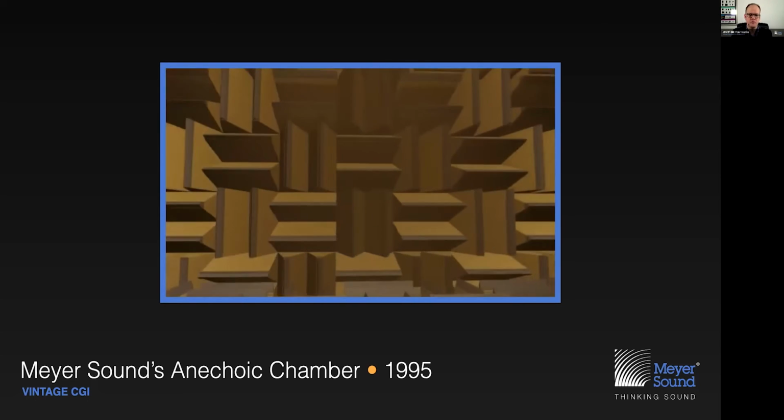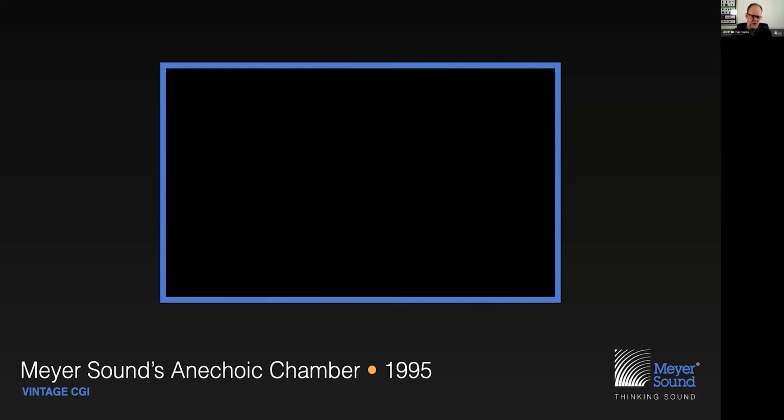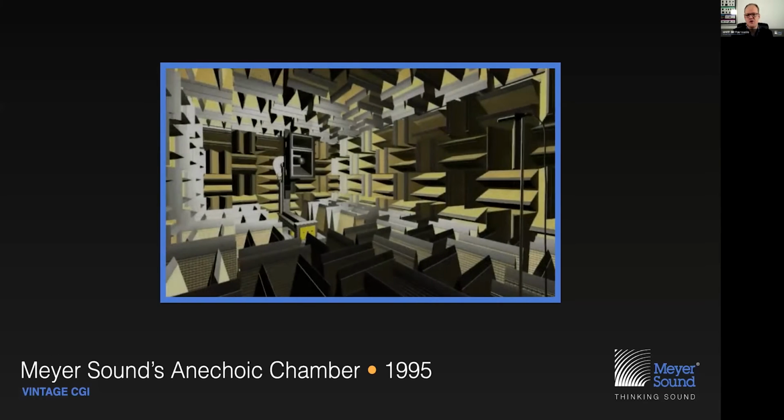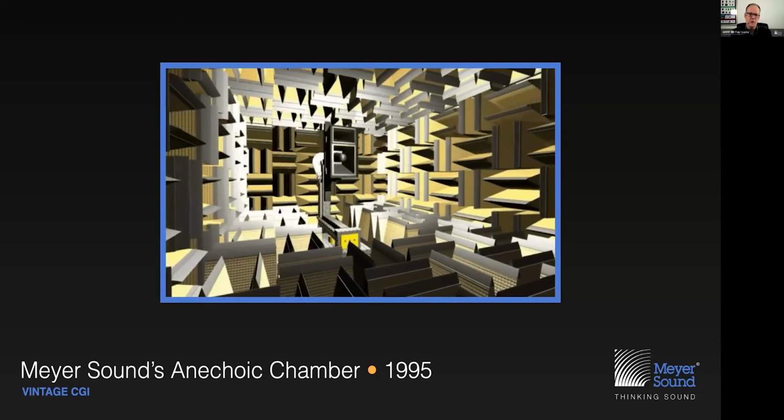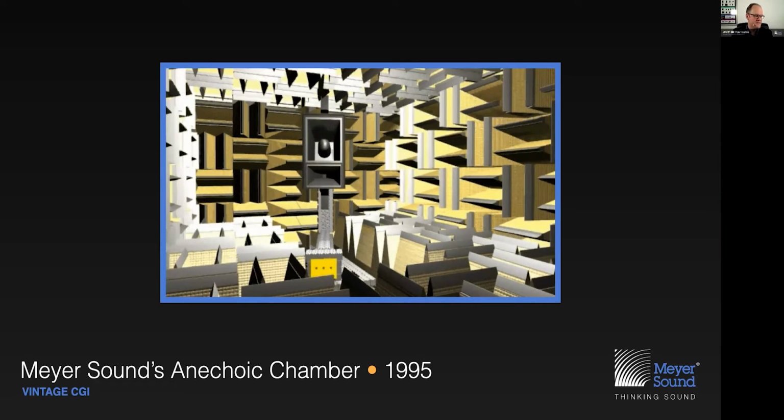And in the middle of the room, there is a contraption which we come to call the positioner. And it's the positioner that allows us to pivot and rotate the loudspeaker with respect to a stationary microphone. And that's how we capture the polar information of the loudspeaker at high resolution, as we're about to learn. All of that goes back to 1995, the building of the anechoic chamber.